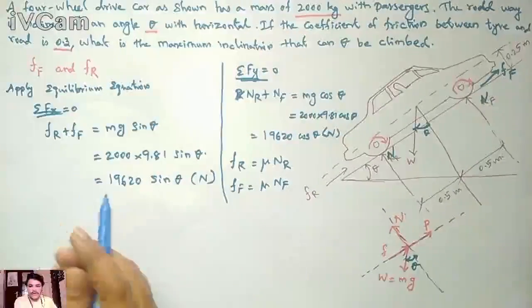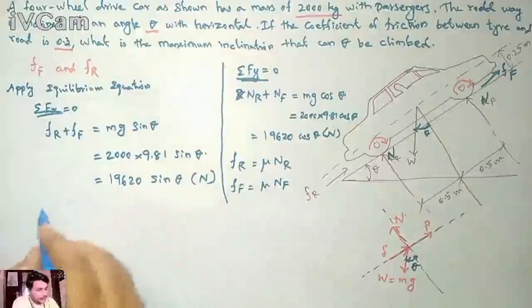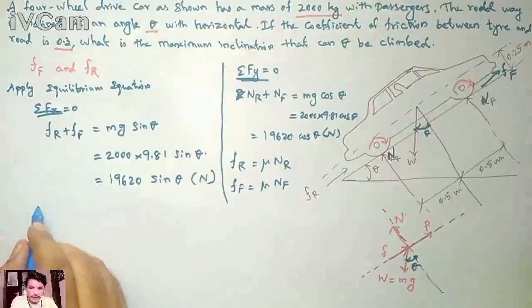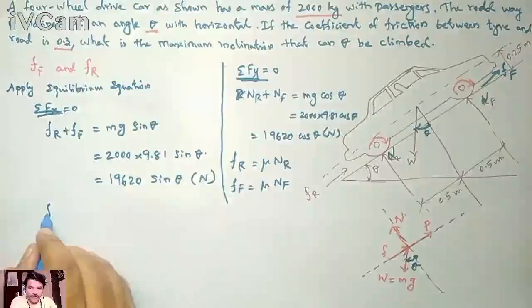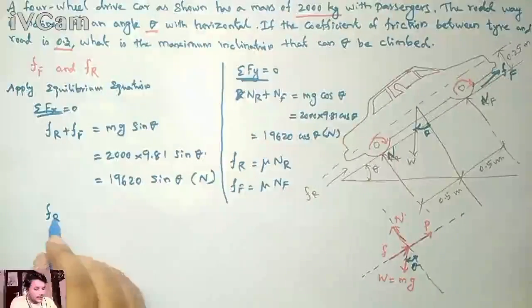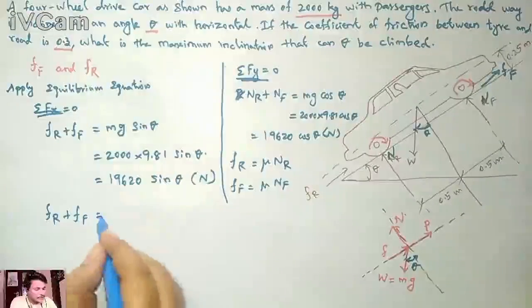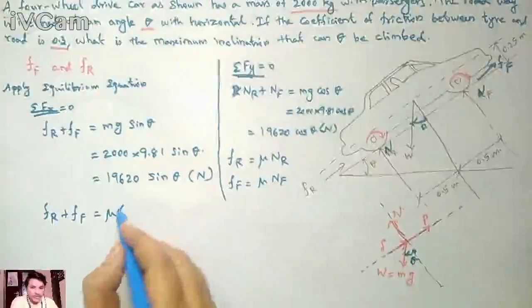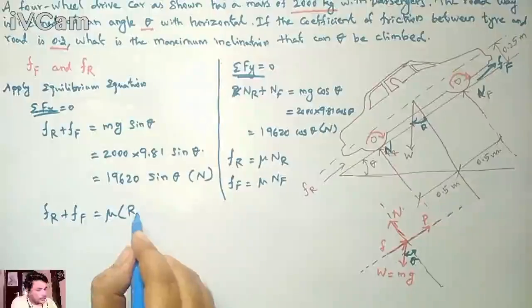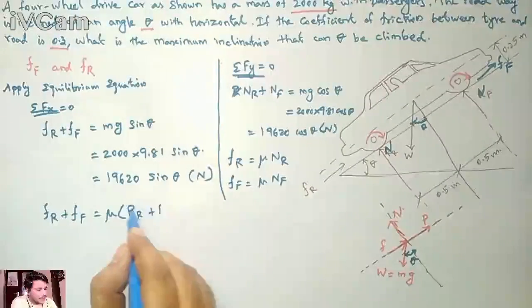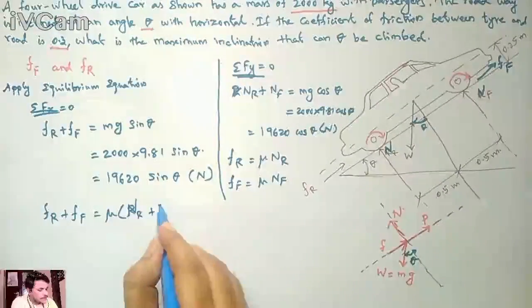Now you need to use this equation: Fr, the frictional resistance at the rear wheel, plus Ff, the frictional resistance at the front wheel, is equal to mu into NR plus NF.